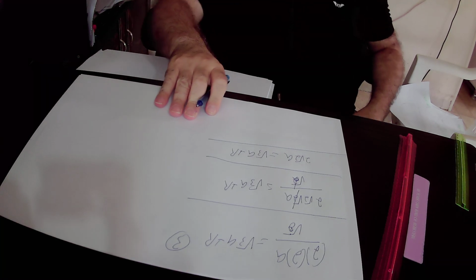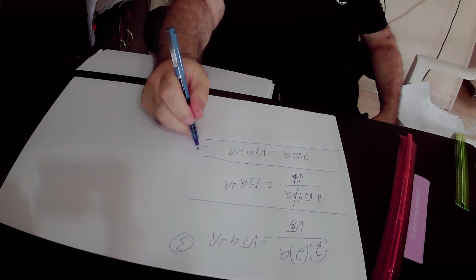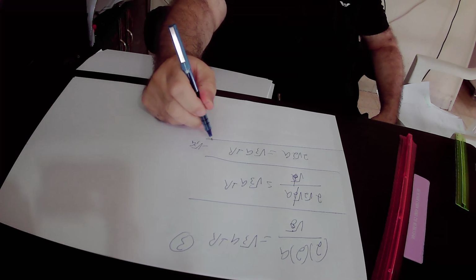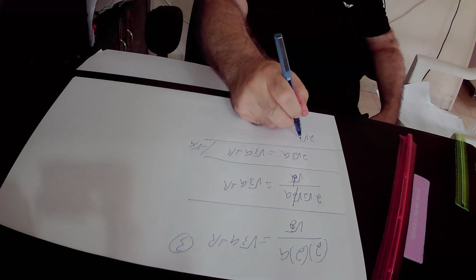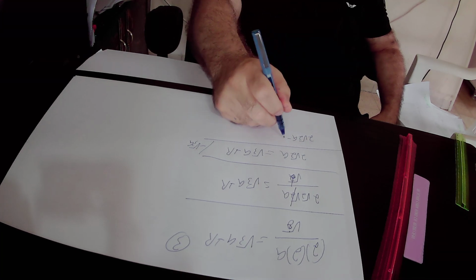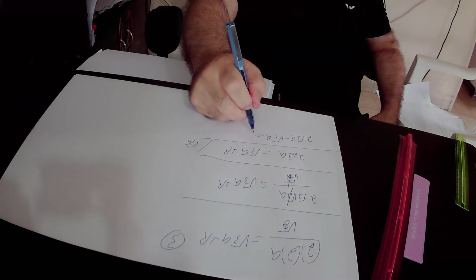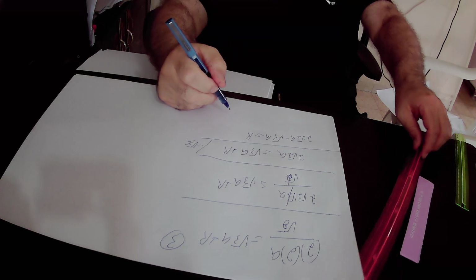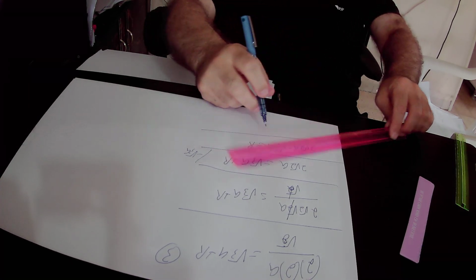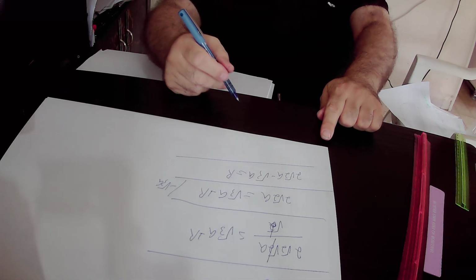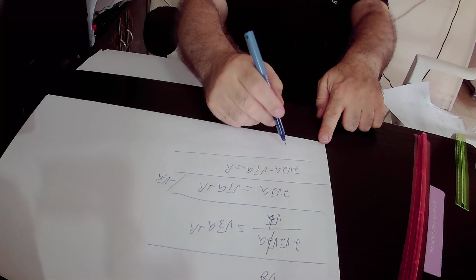Here we subtract square root of 2 times a from this equation, and we get that 2 times square root of 2 times a minus square root of 2 times a equals r. So here we take a as a common factor out of those two expressions.